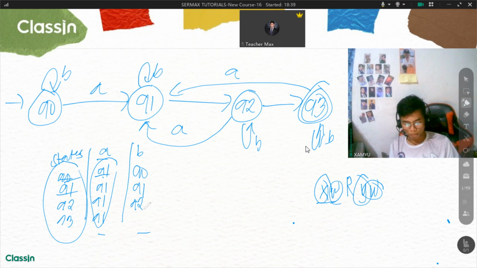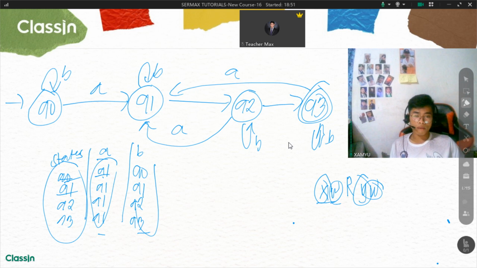And Q3 with input B actually goes to Q3. So therefore, this one is not following the right invariance. In this particular automaton that we have, it's not following the right invariance relation.